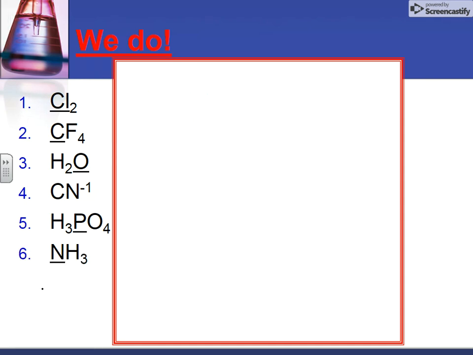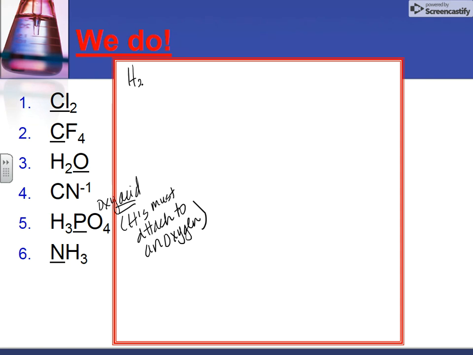All right. The next one is phosphoric acid. Now this is an oxy acid, and what you've got to remember with an oxy acid is that the hydrogens must attach to an oxygen. So we're going to add up our electrons the same as before. H3PO4.